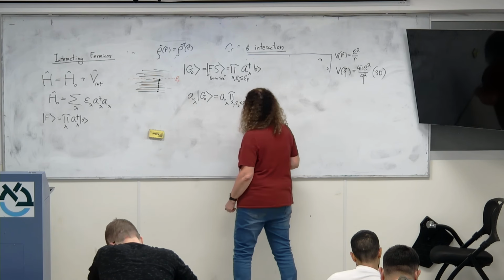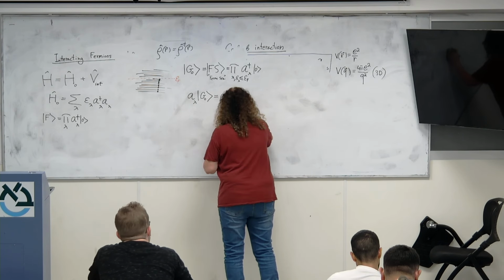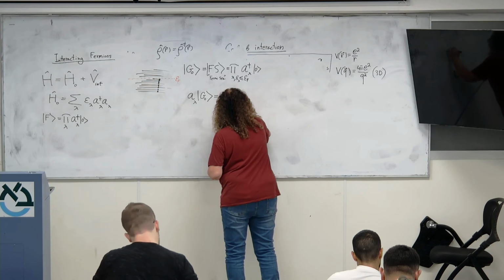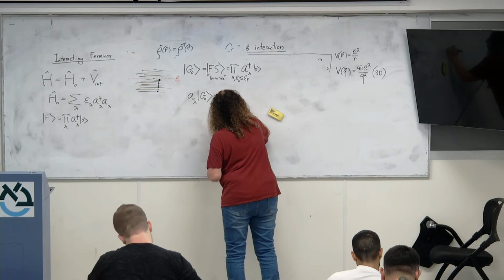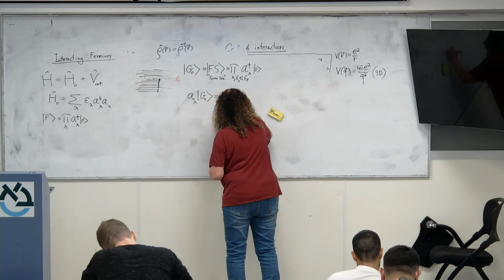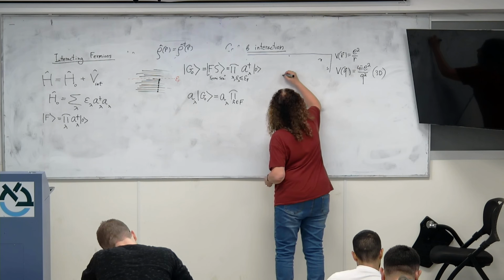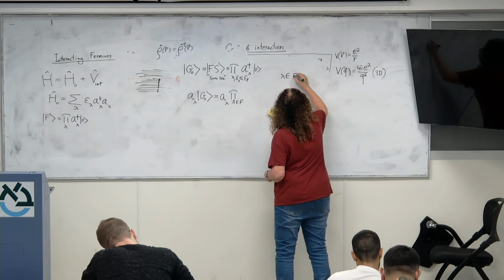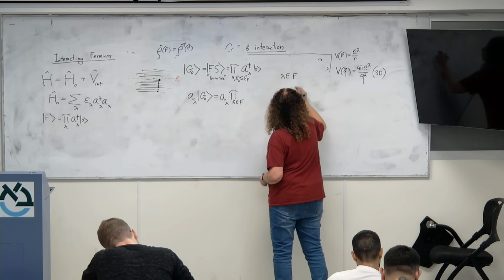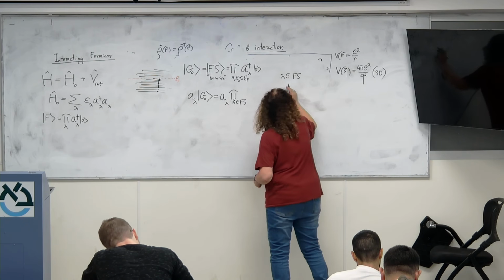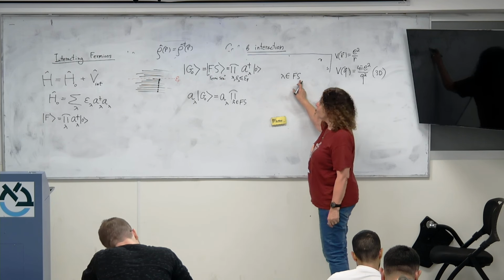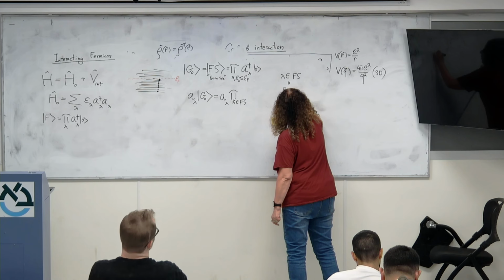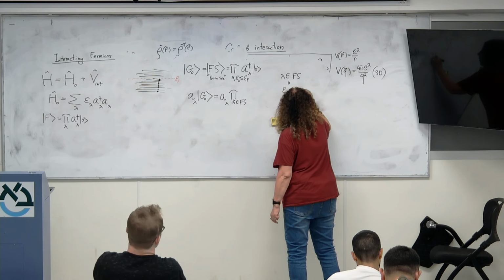which are inside the Fermi C. Let me actually simplify the notation. Okay, so when I'm writing lambda belongs to F or Fs, this means that epsilon lambda is smaller than the Fermi energy.